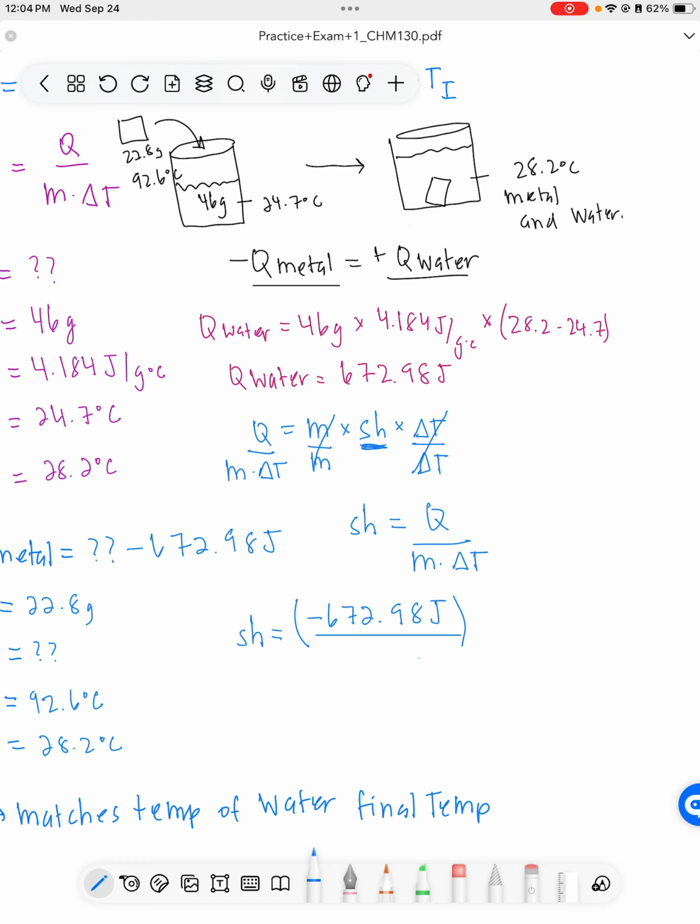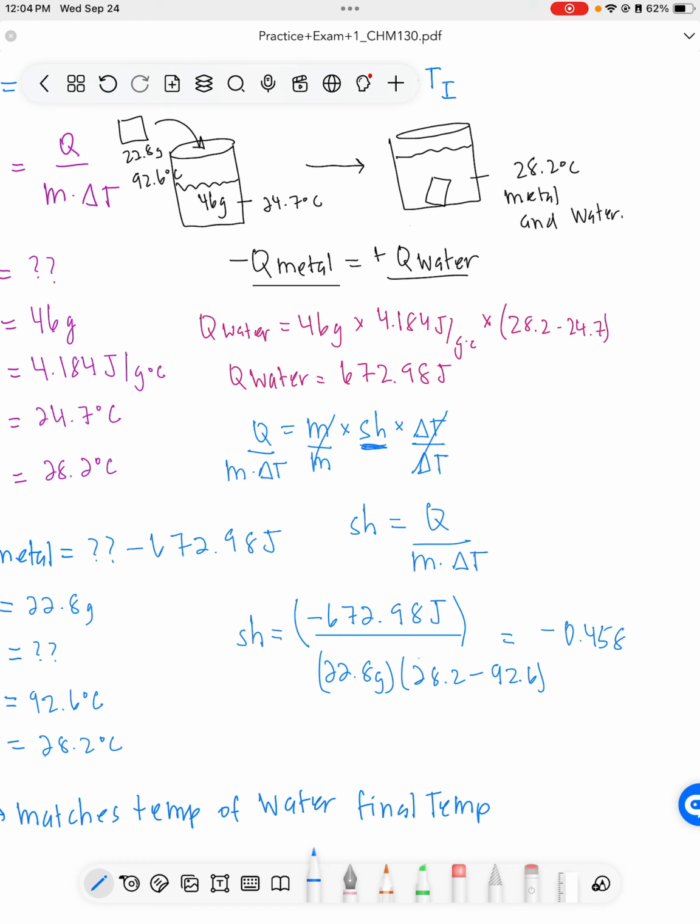All right, so we're dividing by mass, which was 22.8 grams, and then multiplying that by our change in temperature, which was 28.2, because we go final minus initial, minus 92.6. And we get an answer that's negative 0.458.